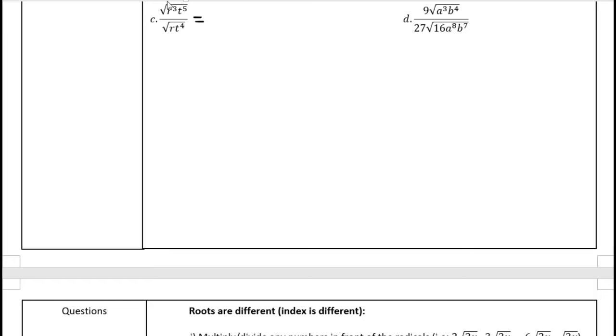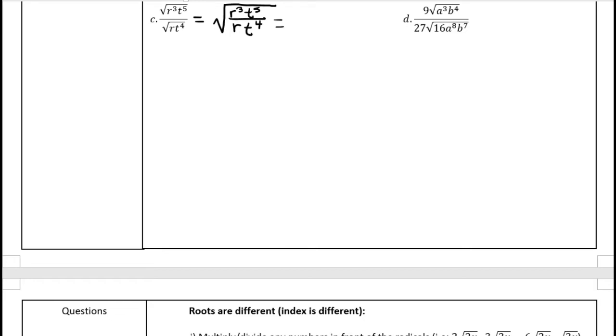Therefore, I'm going to focus on dividing under a common radical. That's one of your radical properties. If you're dividing separate radicals, you can divide the whole thing under a common radical.